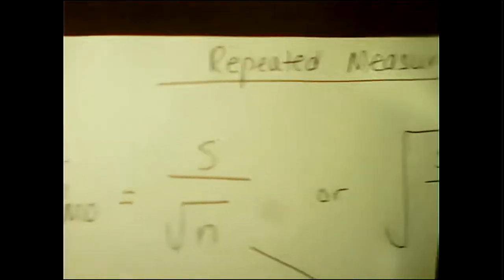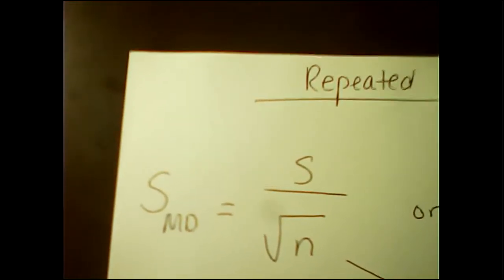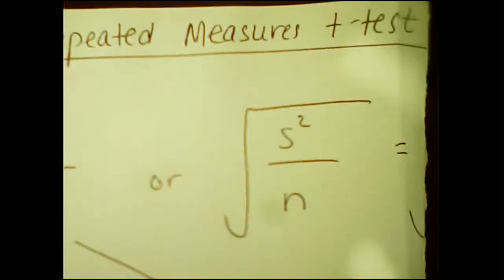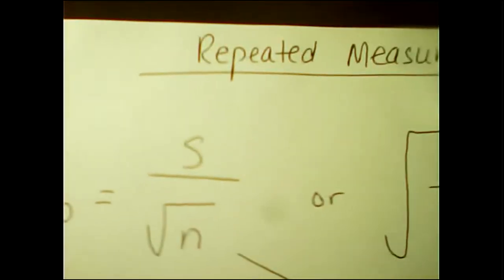The formula for doing that is simply twofold. You can use the standard deviation based approach, standard deviation over sample size, square rooted, or the variance based formula, where we square root the variance over the sample size. Use whichever one is easier.